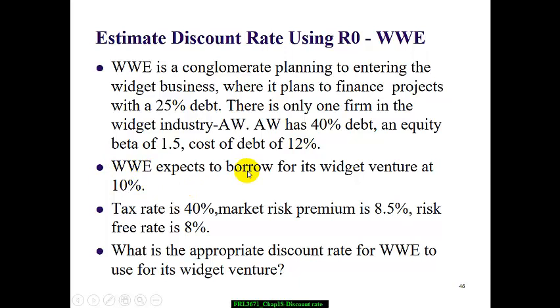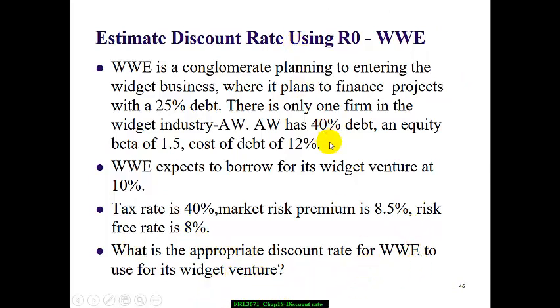WWE plans to borrow for its widget venture at 10%. Tax 40%, market risk premium 8.5%, risk-free is 8%. Question: what is the appropriate discount rate for WWE to use for its widget venture?